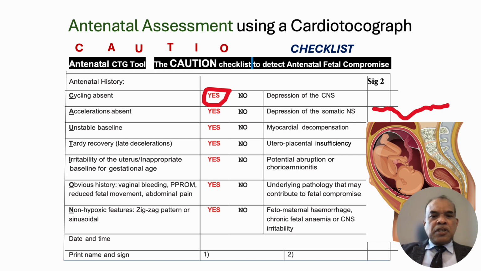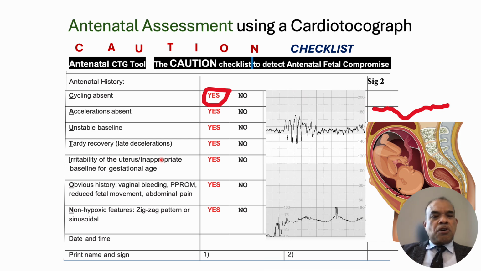And we also have to see whether the baseline heart rate is inappropriate for gestational age. Then we have to look at the overall history, because that gives us enough information and features of non-hypoxic causes of fetal compromise.